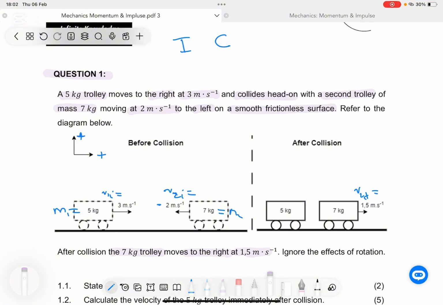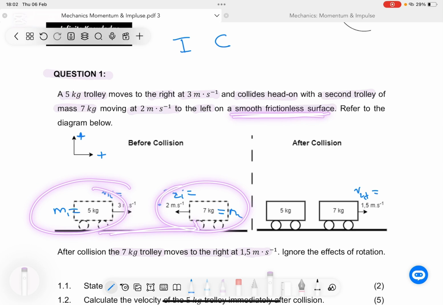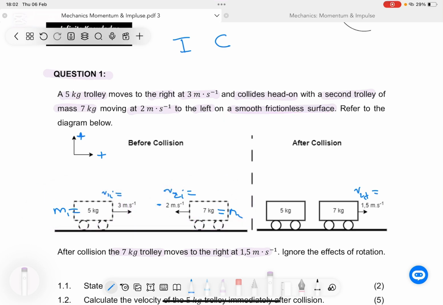So as I'm reading this, in my mind, I'm thinking of the previous lesson that we've been doing, because there's hints of having two objects here, meaning we have a system and these two objects are interacting, and we also know that it's a closed system or an isolated system. So that gives me a hint to say this is a question that requires us to know the knowledge of the law of conservation of linear momentum.